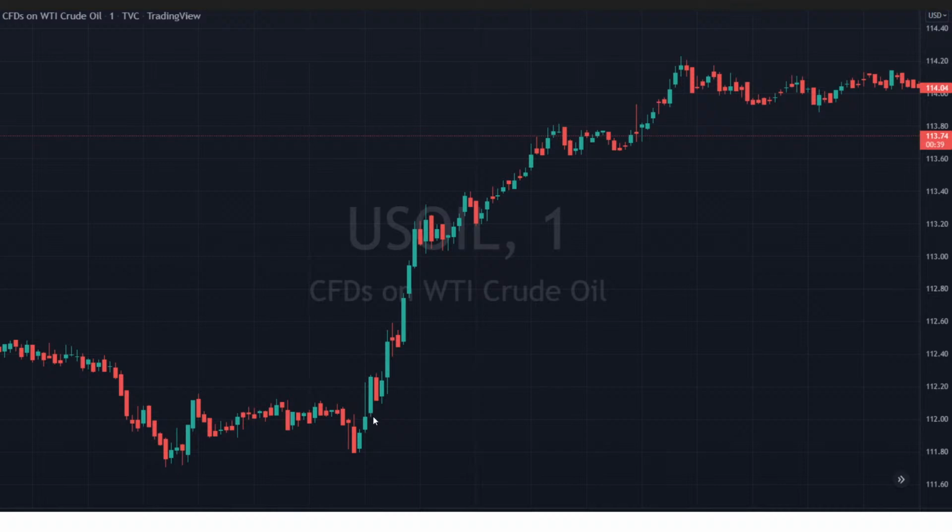When the data did come out, we saw a push towards the upside on WTI crude oil, off the back of the bigger draw overall in the API data. So that was the reaction from the markets.